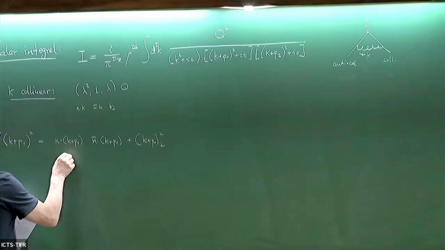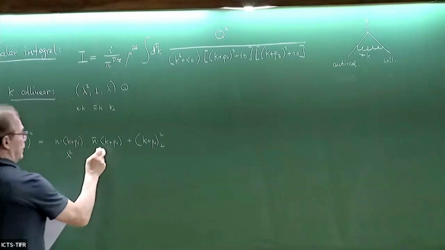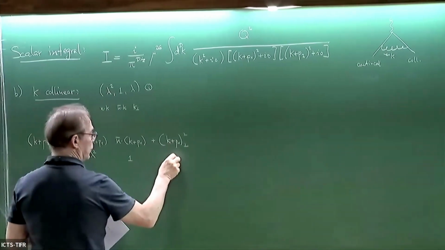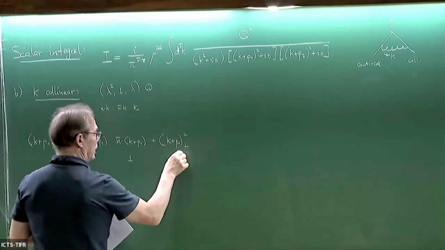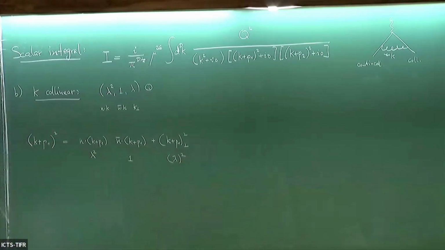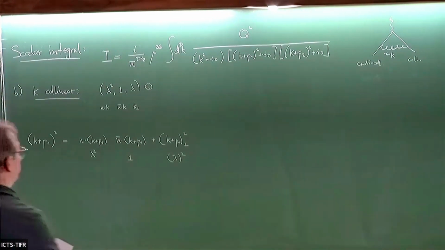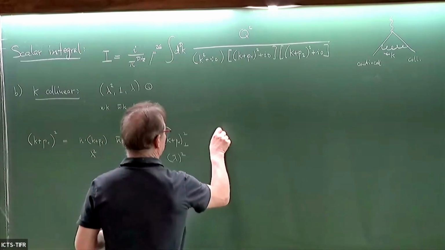This is the small component, this is lambda squared. This is the big component, which is 1. And this is the perp component squared. And you see all terms in this sum are of order lambda squared. So there's nothing to expand out. Nothing to expand.